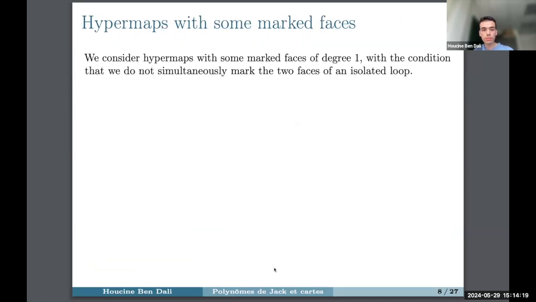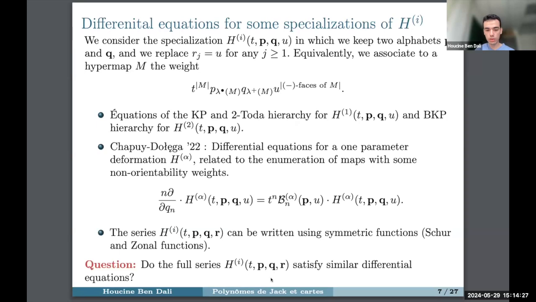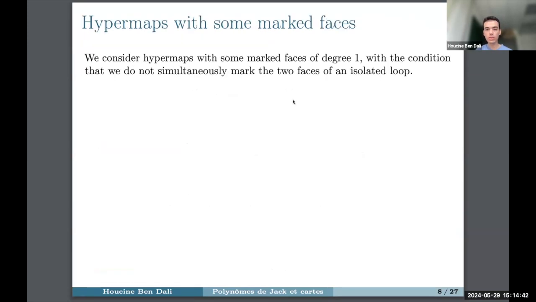So the first thing to do is to define a slightly more general generating series. In this generating series, the hypermaps with three alphabets P, Q, and R are homogeneous in the three alphabets. So the total power in the alphabet P is the same as in the alphabet Q and the alphabet R. We start by relaxing this condition a little by considering hypermaps with marked faces of degree 1.